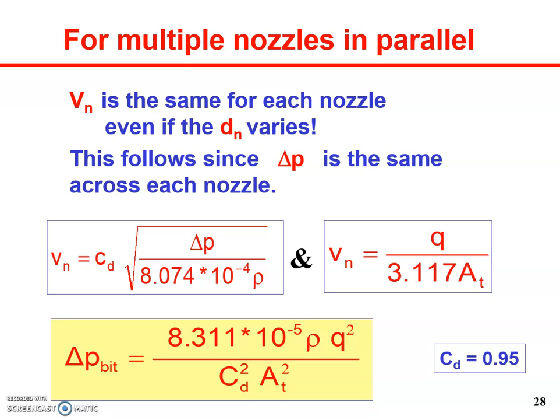So first, this equation that you see here is the velocity of the fluid through each nozzle, and there is a CD which is a factor, and this CD considers several parameters.